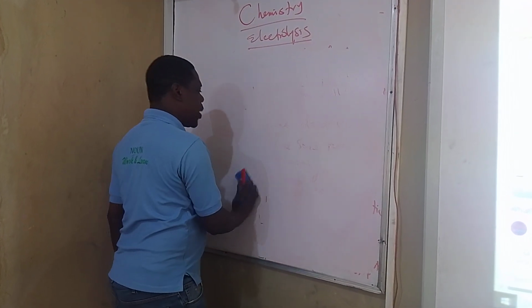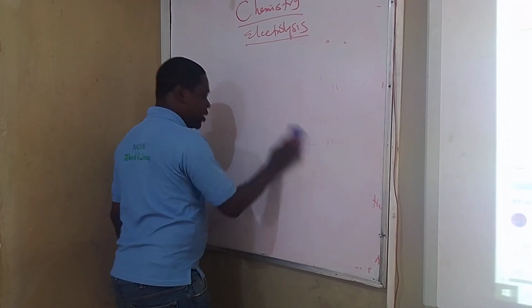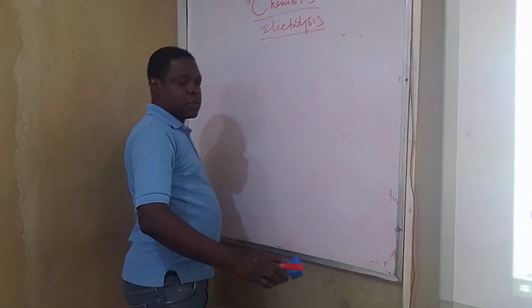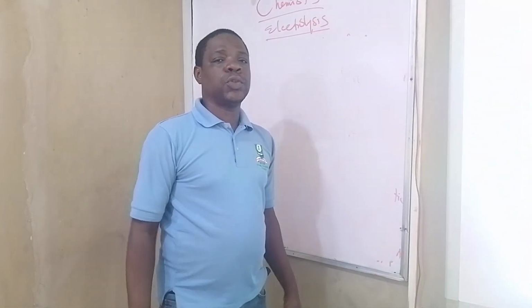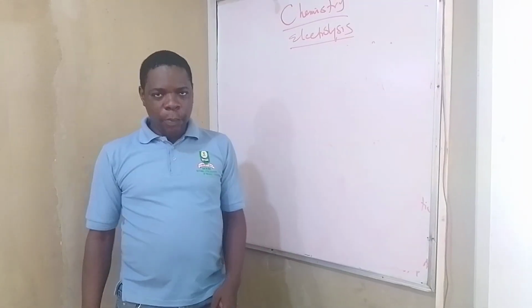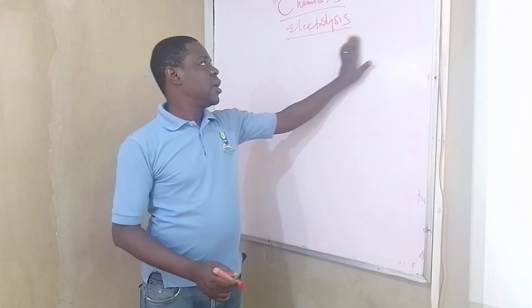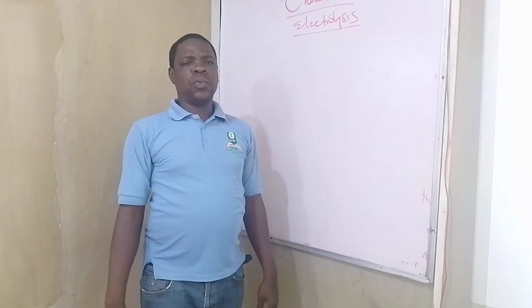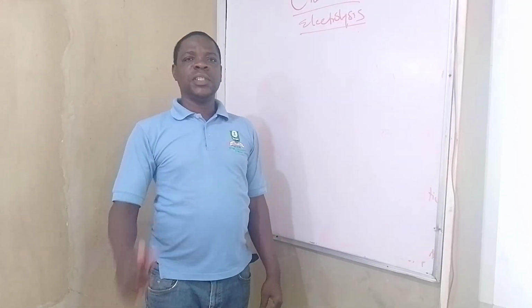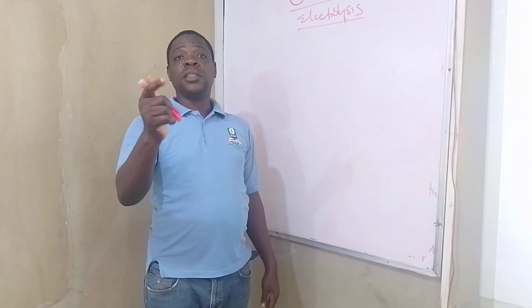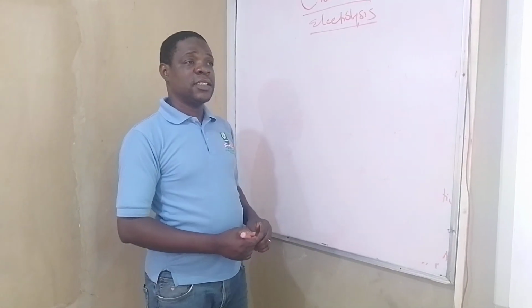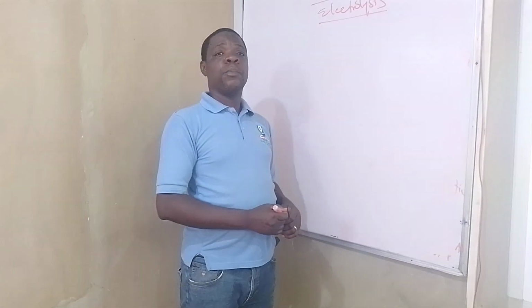And remember when you were taught in your grade 10, you were taught mixture and compound. Can you give me one or two differences between a mixture and a compound? Mixtures can only be separated by physical methods.